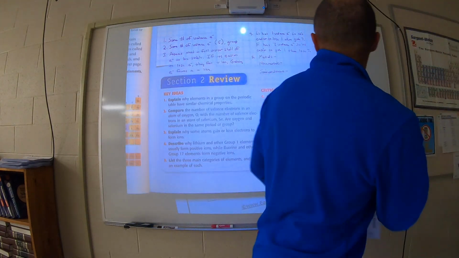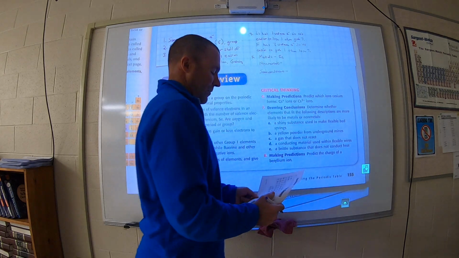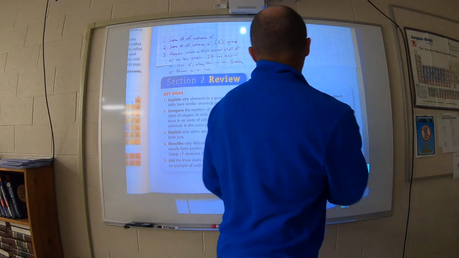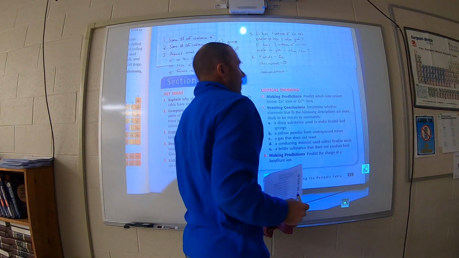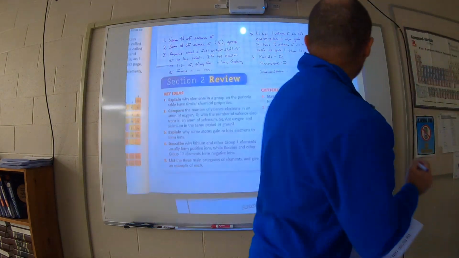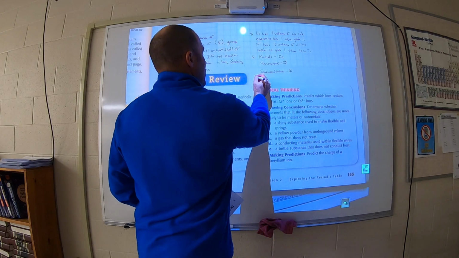So iron, we'll put as a metal, Fe. Nonmetals are anything to the right of the stair-step line. So oxygen would be a nonmetal. And then semiconductors are anything on the stair-step line. So silicon would be a semiconductor.